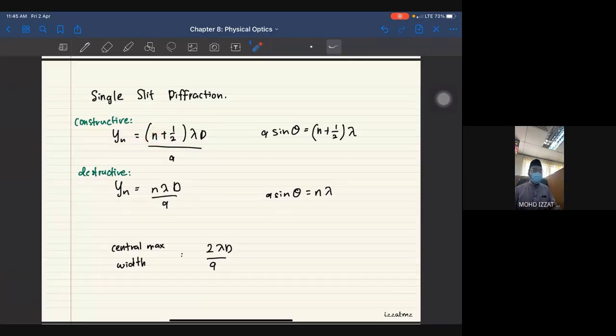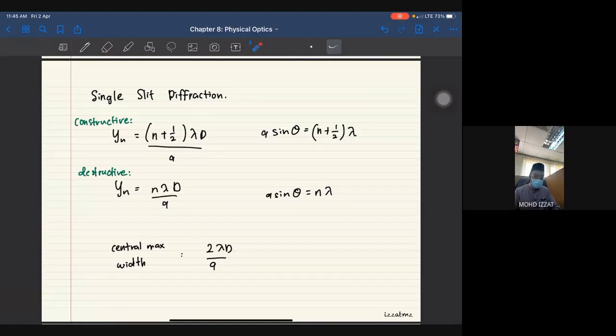So n and m differentiate between interference and diffraction. They are two different things. For diffraction we use the symbol n, for interference we use the symbol m. But they are still the order numbers, basically the same thing.